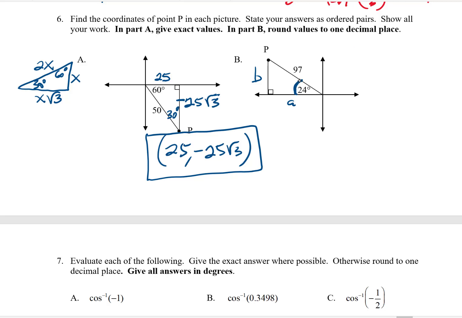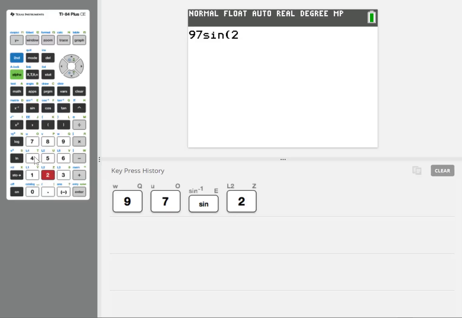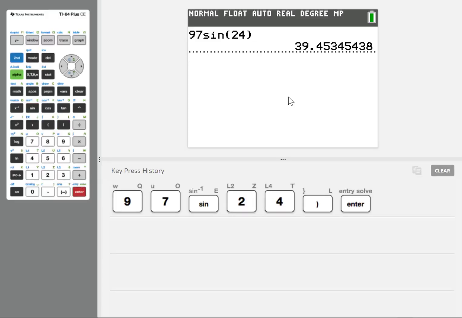Well, I know that sine of 24 degrees then would be equal to B over 97. To get B, all I would have to do is multiply both sides by 97. 97 sine 24 gives me B. 97 sine 24. B is about 39.5.